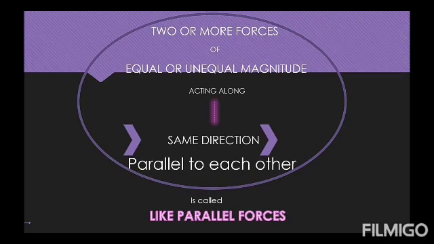The next one is unlike parallel force. If two or more equal force or unequal force act along opposite direction parallel to each other, then they are called unlike parallel force.